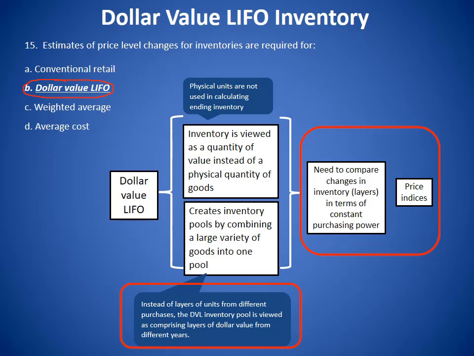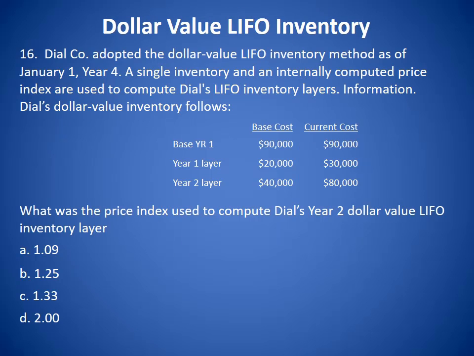Okay, here's a multiple choice question, again related to dollar value LIFO. This company adopted a dollar value LIFO inventory method as of January 1st, year 4. A single inventory and an internally computed price index are used to compute Dial's, the company's, LIFO inventory layers.